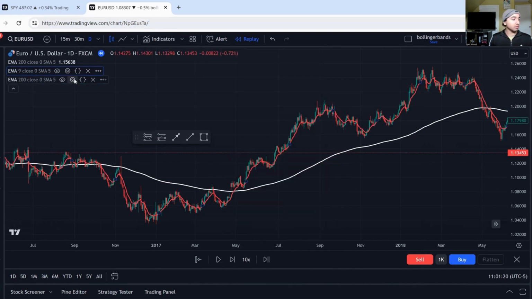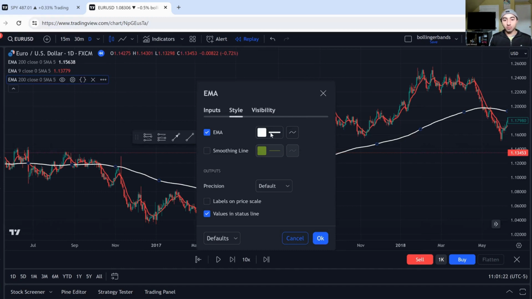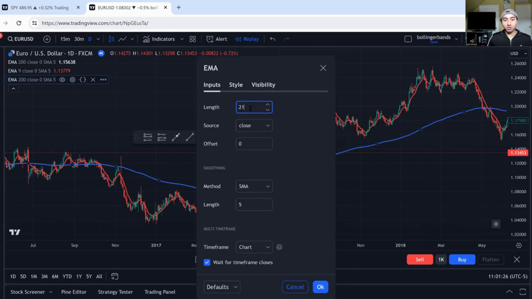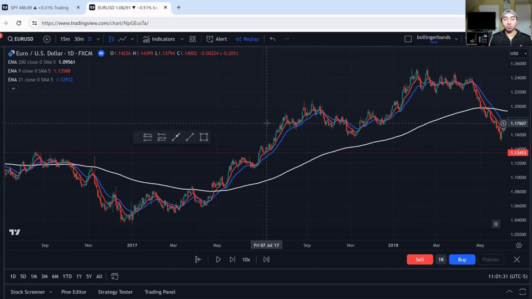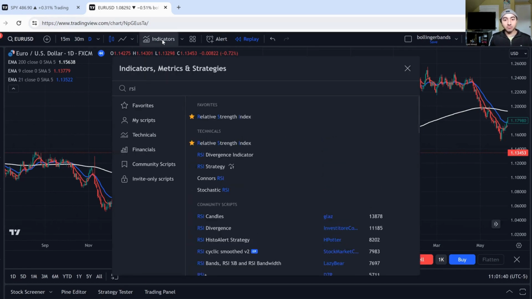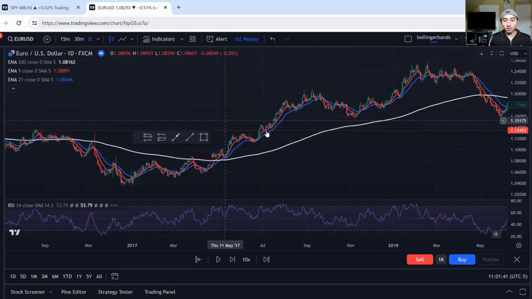Then we'll make this one the 21 period EMA, and we'll make this blue. Okay. And then what other thing can I add to this? Try to think about what other indicator I showed you. Oh, we can just add RSI actually. Yeah, screw it. All right. And let's see where we get a trade.